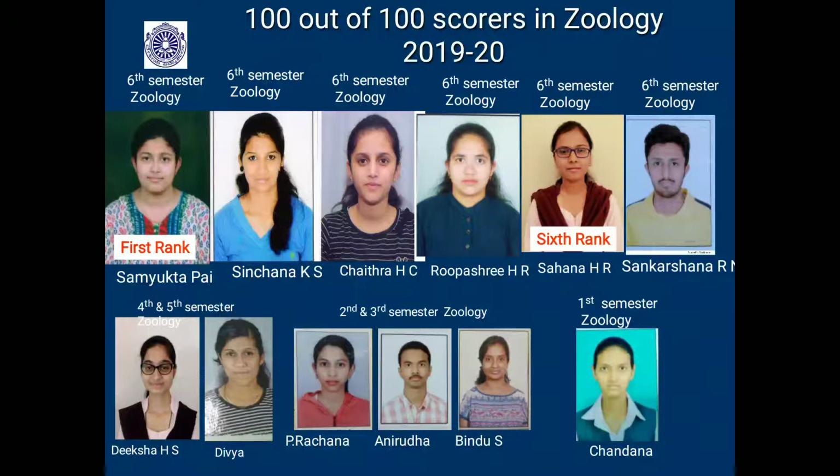These are all students who have scored 100 out of 100 in zoology. It is not easy, because zoology is not a math subject to score full marks in. But this is how we train in our department. You may see Samyukta Pai, who secured first rank in science in the university this year, and Sahana HR, who secured sixth rank.